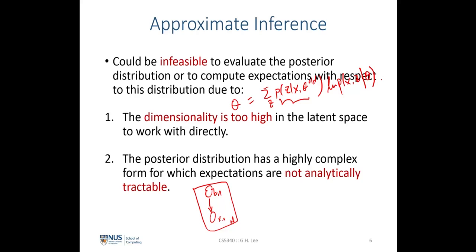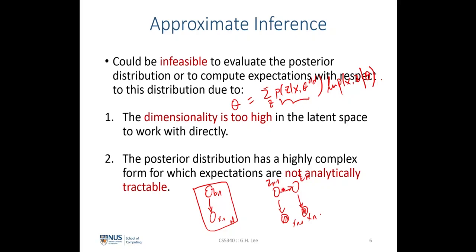But in the case of the hidden Markov model, which has a simple link between the consecutive latent random variables, the evaluation of the posterior distribution becomes much more complicated, where we would need to make use of the forward-backward algorithm or the alpha-beta algorithm in message passing in order to compute this in analytical form.